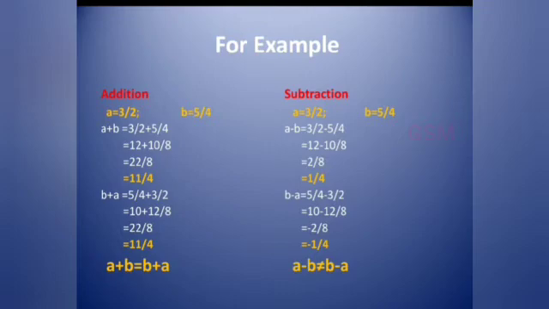So I put minus 2 by 8. Simplified, that is minus 1 by 4. But a minus b is equal to 1 by 4, and b minus a is equal to minus 1 by 4. The symbol changes. So a minus b is not equal to b minus a. So for subtraction the commutative property is not satisfied.